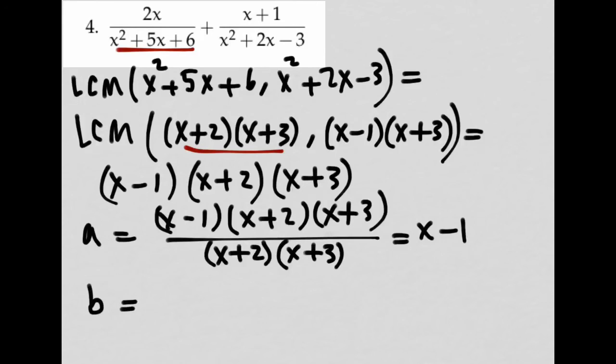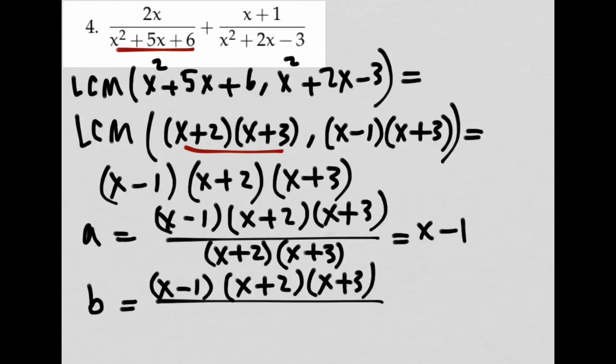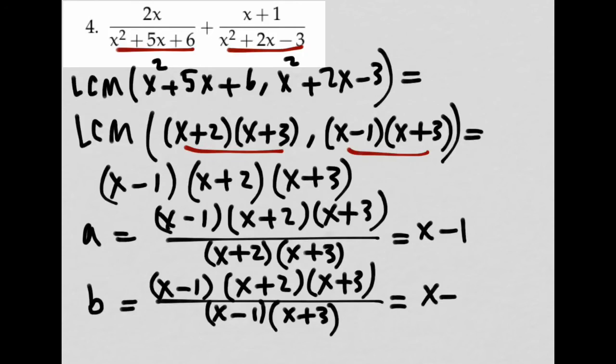B is the LCM, which is x minus 1, x plus 2, x plus 3, divided by x minus 1, x plus 3, which is x squared plus 2x minus 3. After simplification, that's equal to x plus 2. So, let's recap.